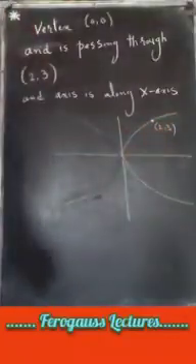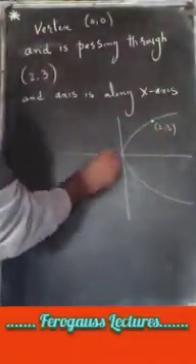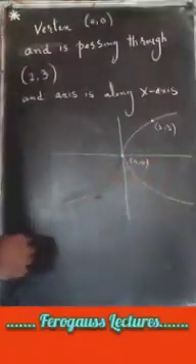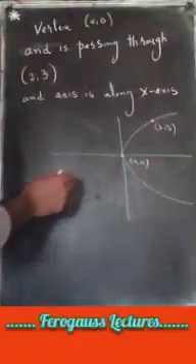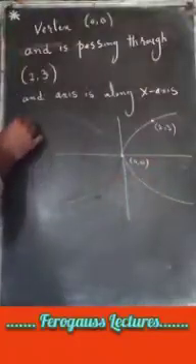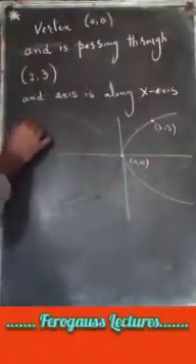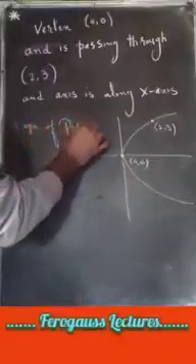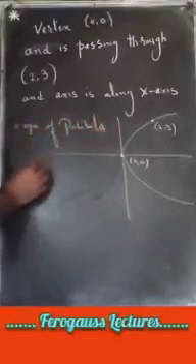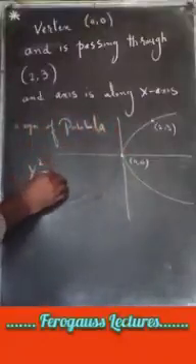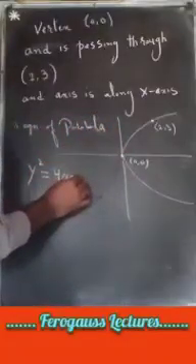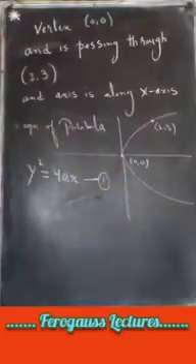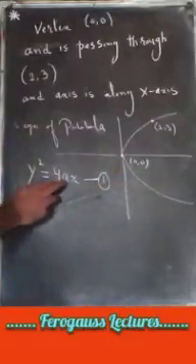Now the vertex is at origin, that is at (0, 0). So we can write the equation of the parabola as y square is equal to 4ax. Name this equation as equation first. Now we have to find this a.